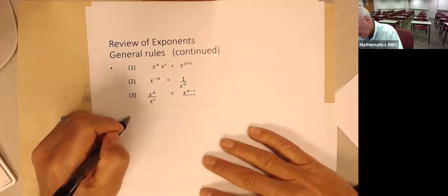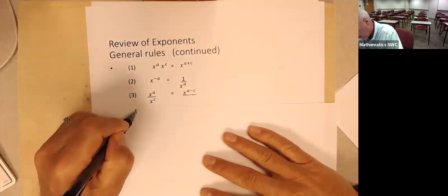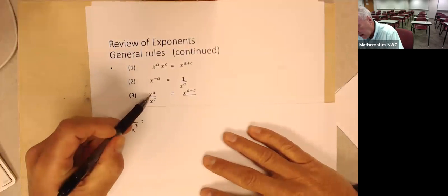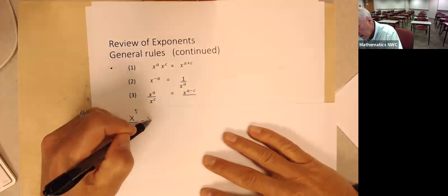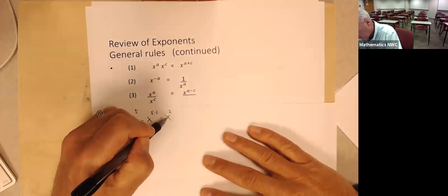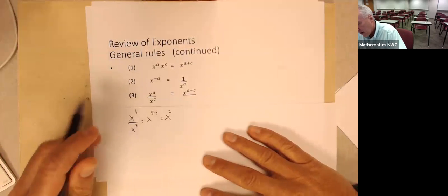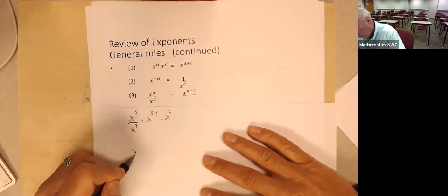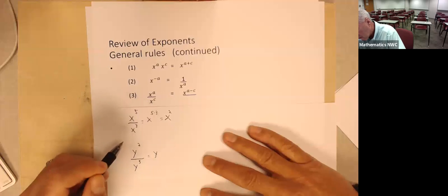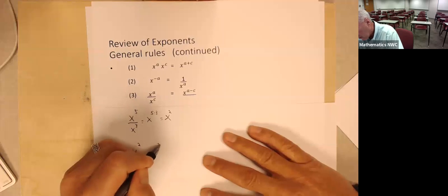If I have x to the 5th over x to the 3rd, I can use the subtraction. That would be 5 minus 3 or x squared. If, on the other hand, I had y to the 2nd over y to the 5th, I could subtract 2 minus 5, always the numerator minus the denominator.